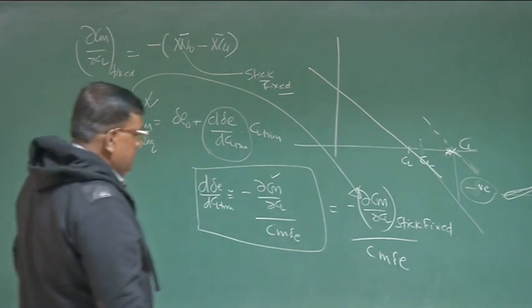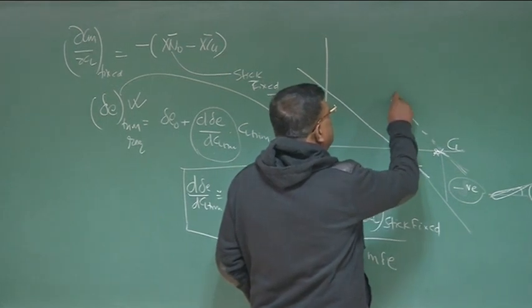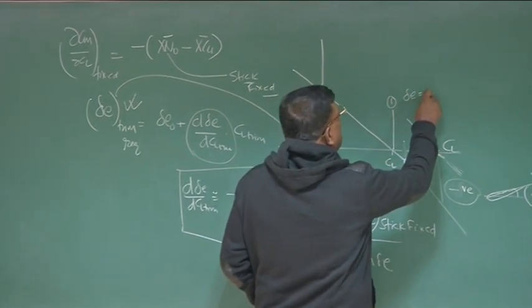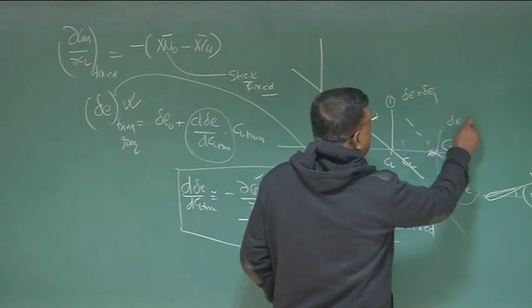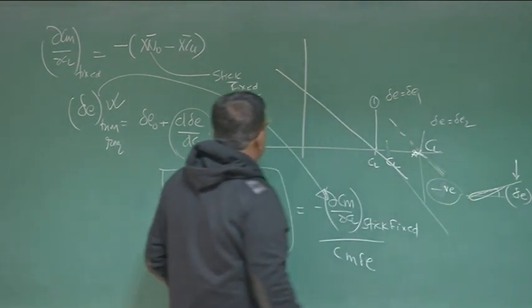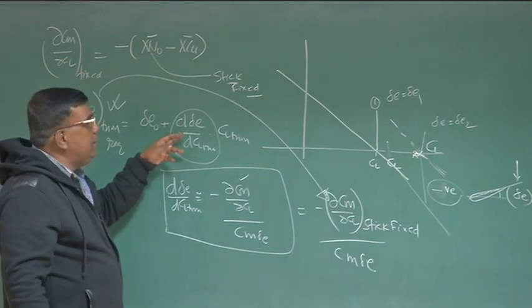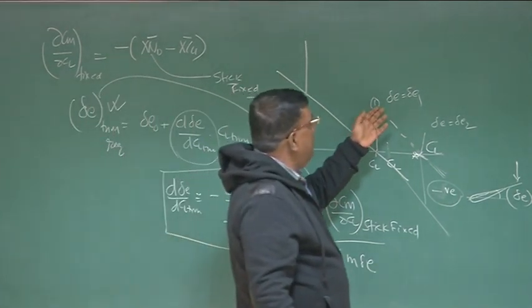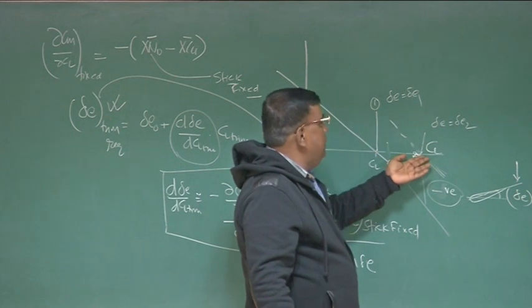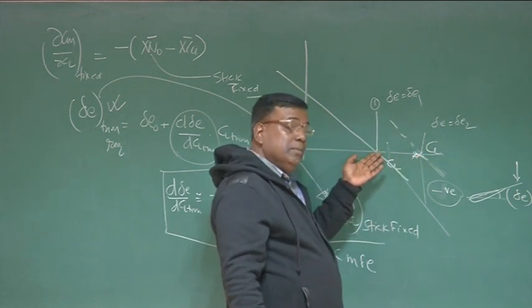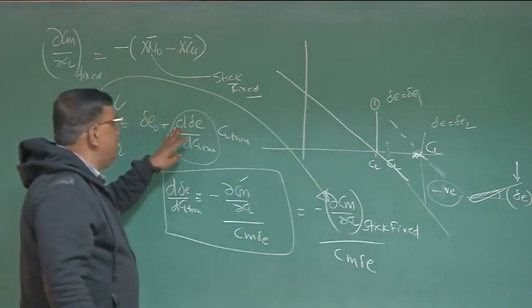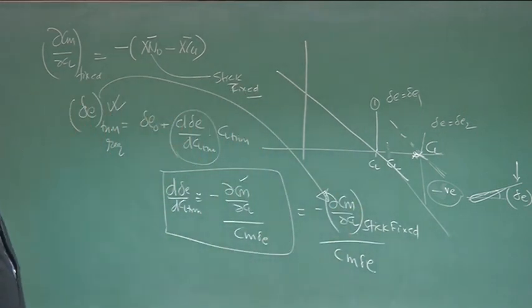Meaning thereby, suppose at this point it has a delta E equal to delta E1 to trim here, and at this it is delta E equal to delta E2. So d delta E by dCl trim is that gradient, that is, delta E2 minus delta E1 by Cl2 minus Cl1. Cl2 is a trim, Cl1 is again a trim, at different conditions. So that is the meaning of d delta E by dCl trim.